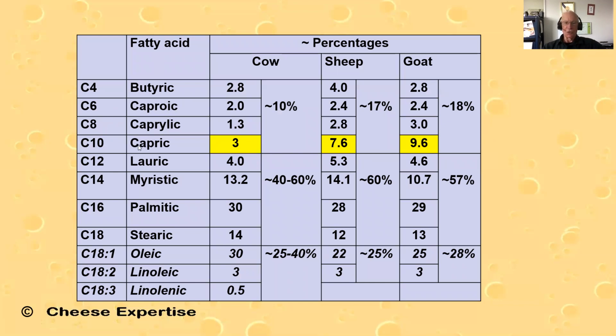They are called that because if you look across at the right-hand side of the column, goat's milk has got a fairly high concentration, and of course, goats are from the caprine species. So these fatty acids have common names because they're higher in goat's milk. I just wanted to highlight one in particular, capric acid, which is a pretty important one as far as flavour goes, with differences between sheep, cow, and goat.